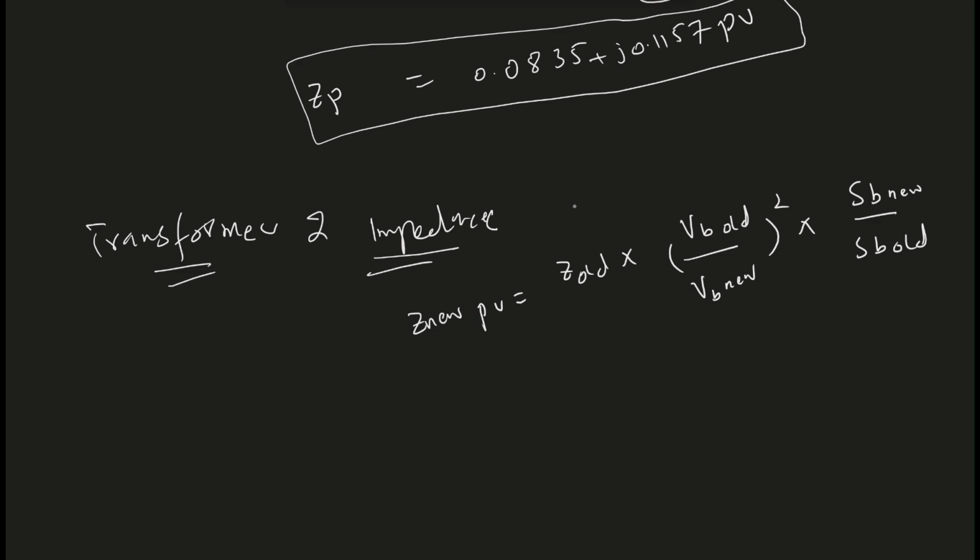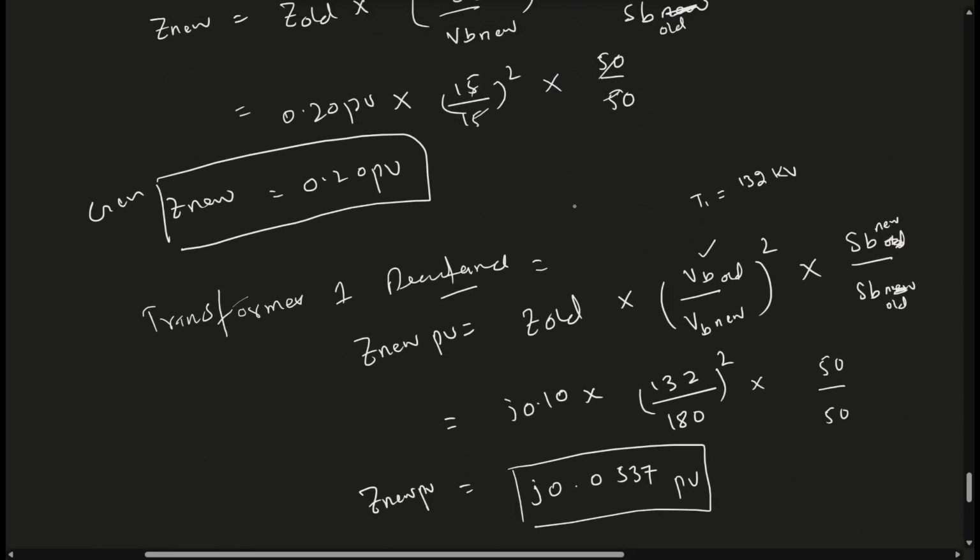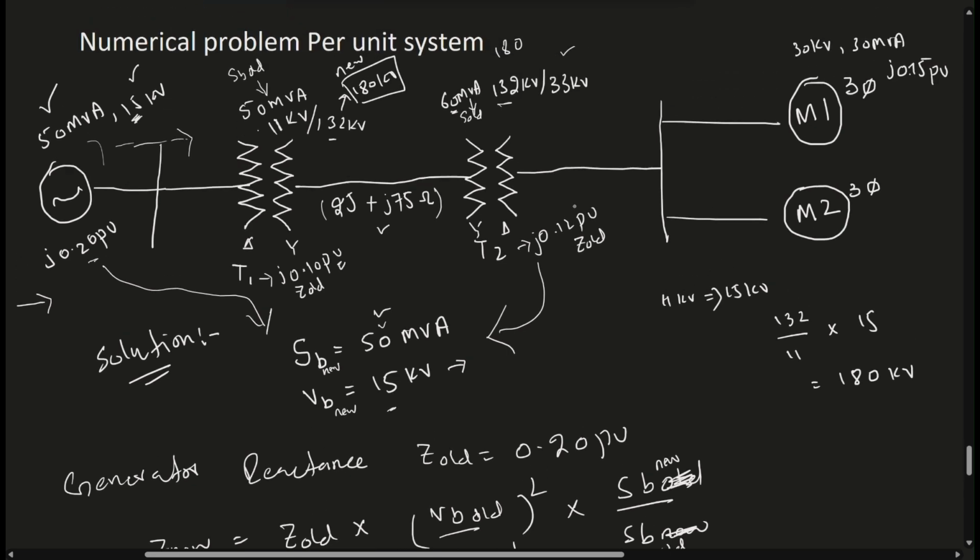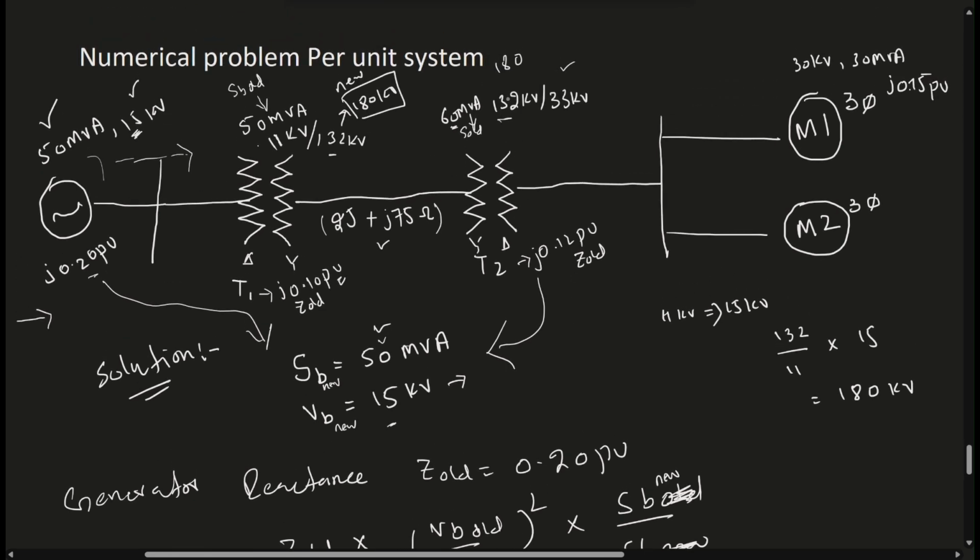Let's do one correction here in the SLD, in the parameter values of T2. As we know, the value for T1 is 131.6 kV, because in a practical scenario we would have little voltage drops, so the 132 kV is dropped down to 131.6.